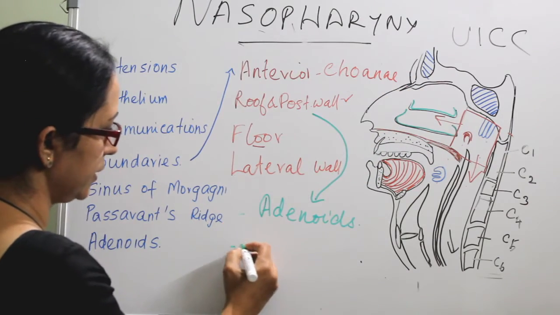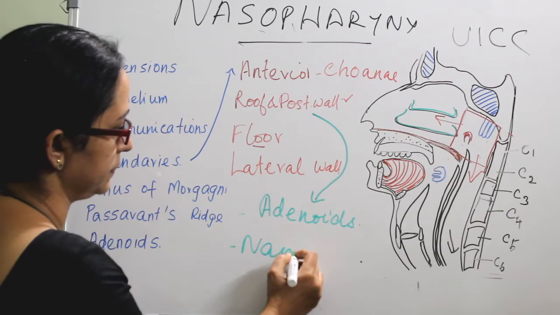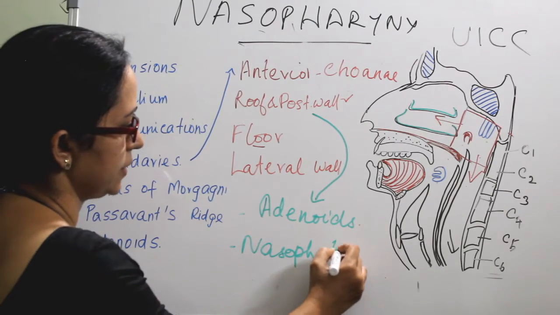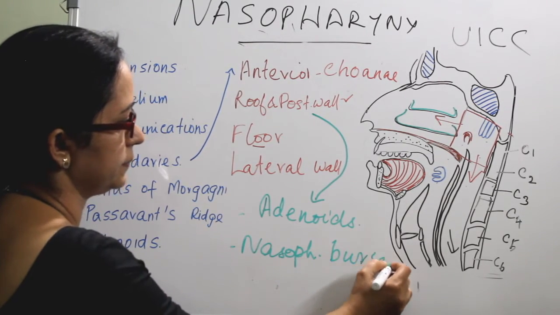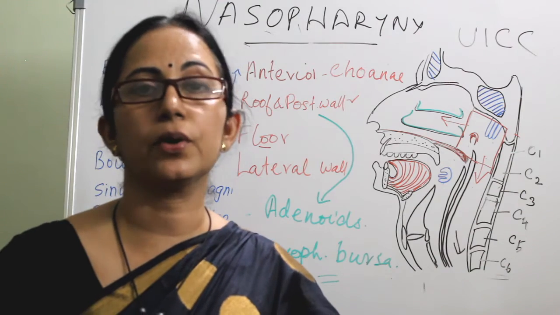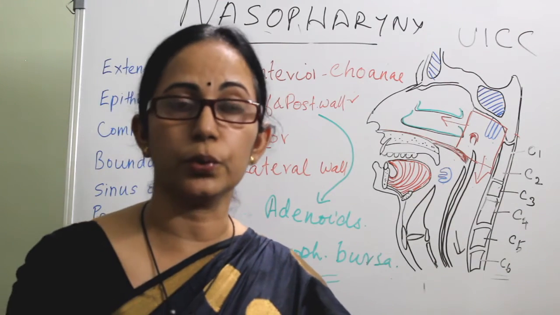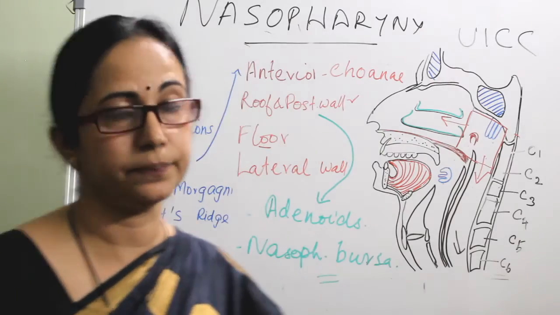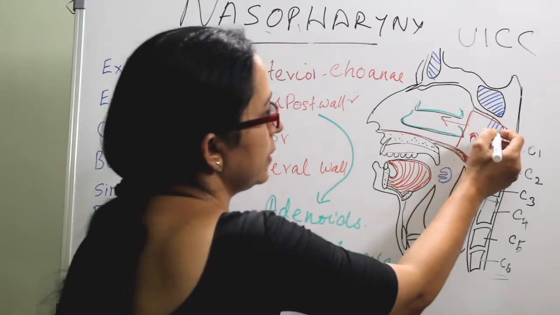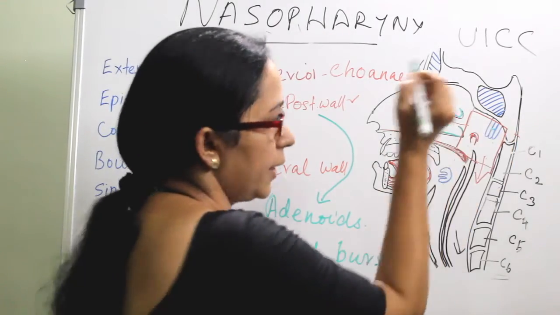One, there is a nasopharyngeal bursa. What is that? This pharyngeal bursa represents the embryonic site of attachment of the notochord to the pharyngeal endoderm. Okay, and it is seen within the adenoid mass.